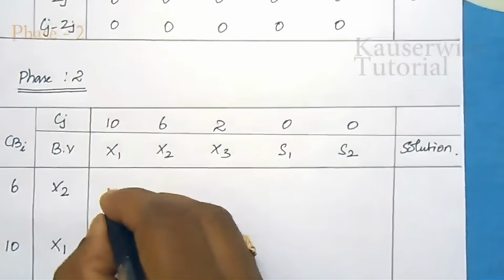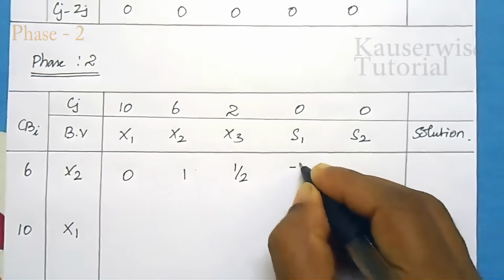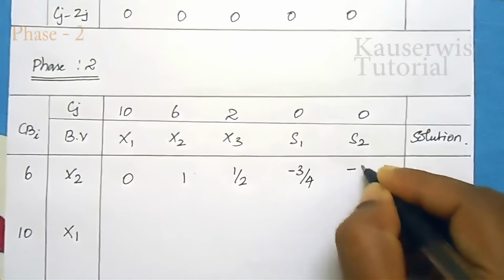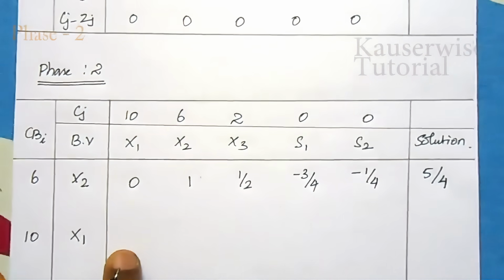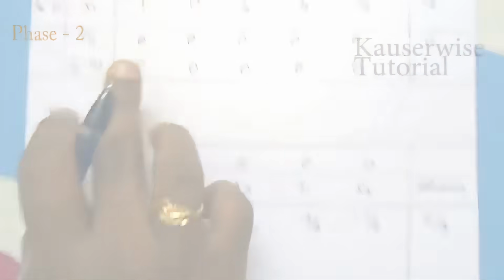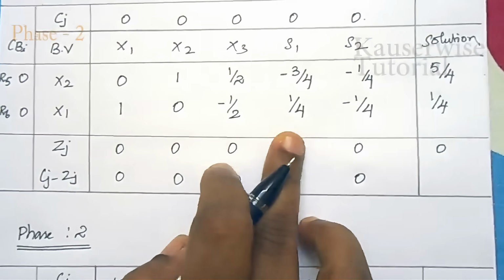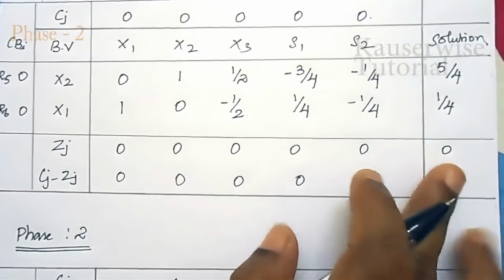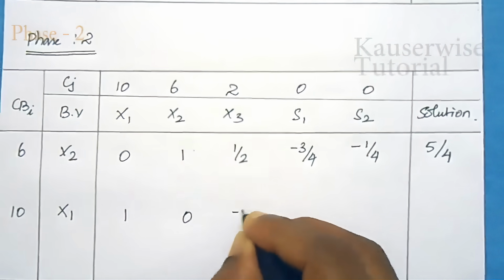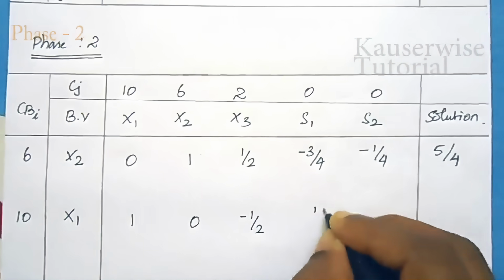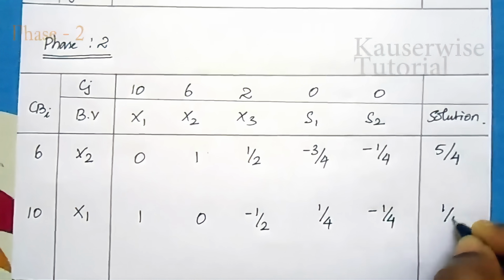For the next row also, write as it is: 1, 0, minus 1 by 2, 1 by 4, minus 1 by 4 and 1 by 4.